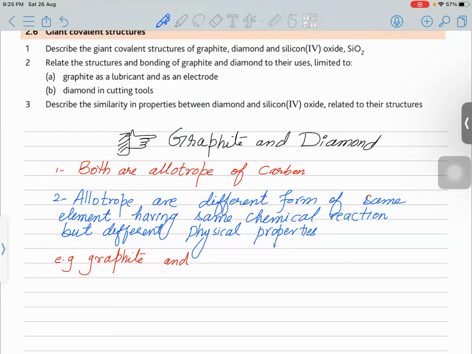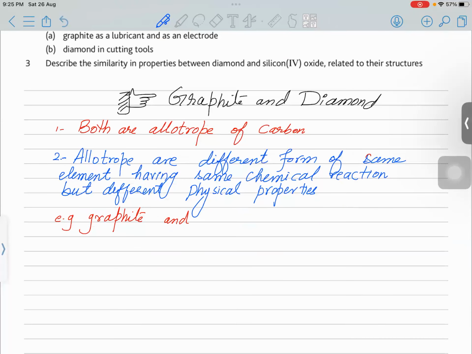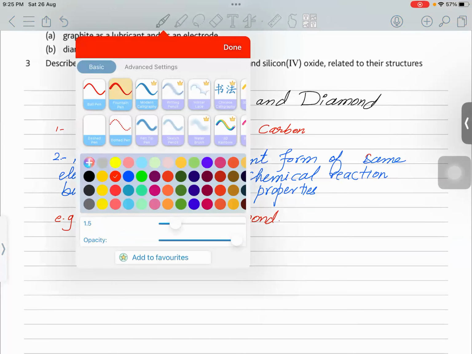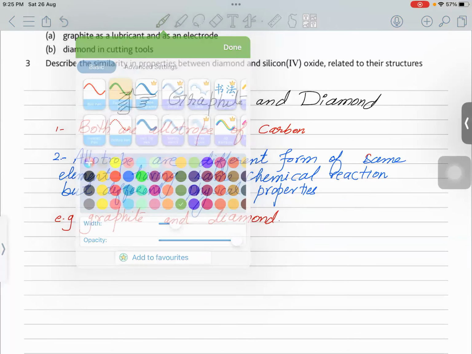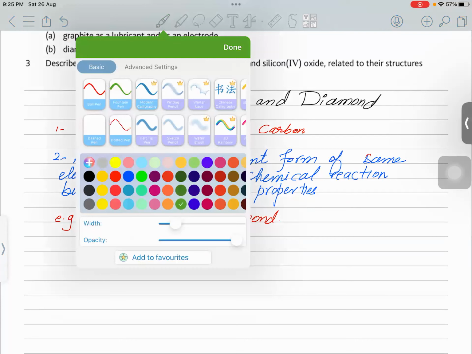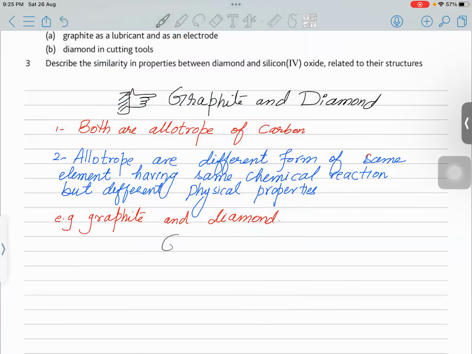Now next, first heading is graphite and diamond, right? Now first is graphite.